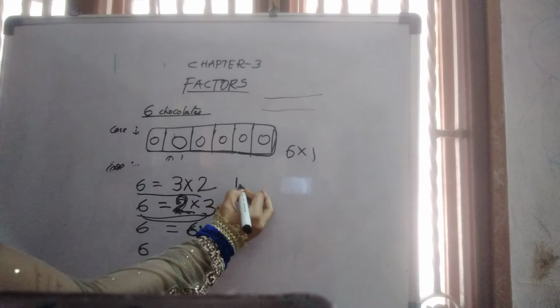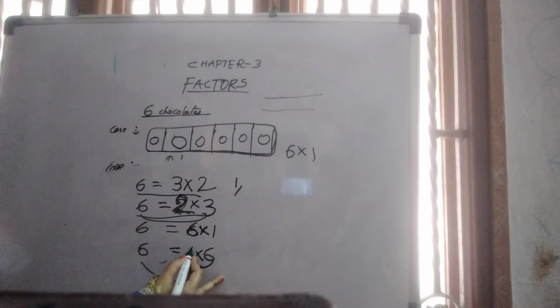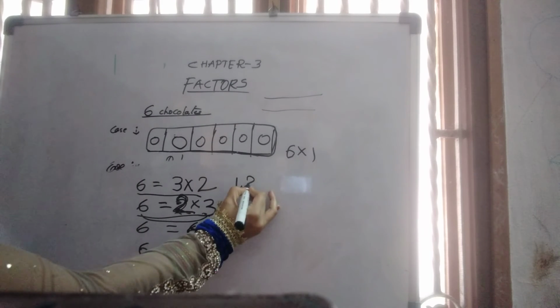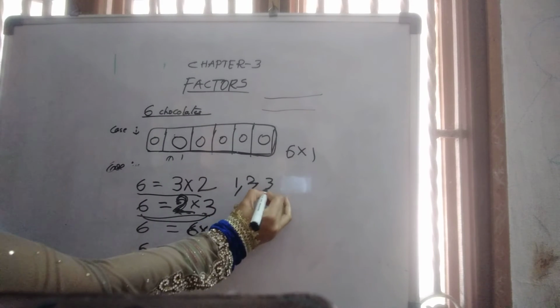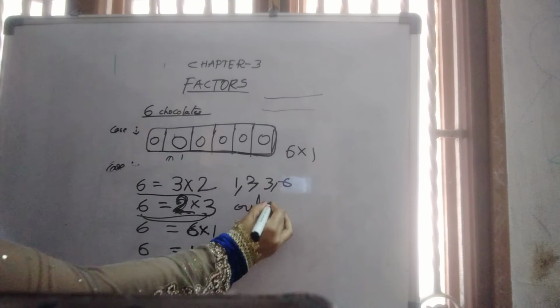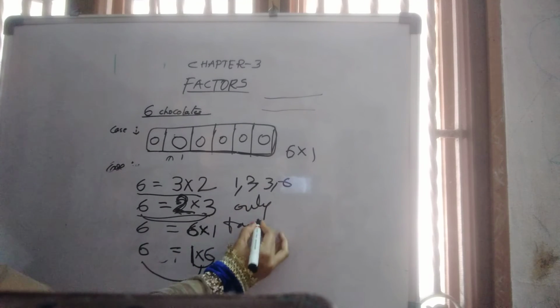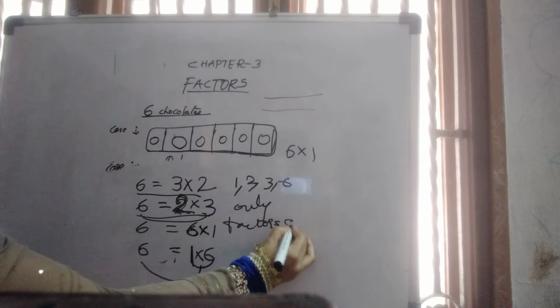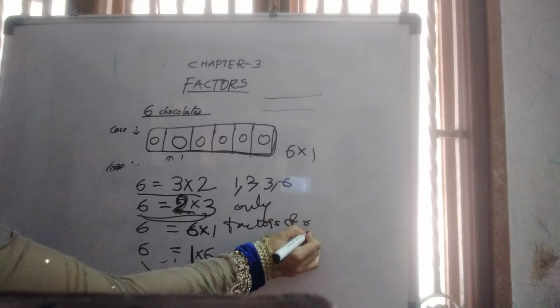Here, what are the factors? 1, 2, 3 and 6 are the only factors of 6.